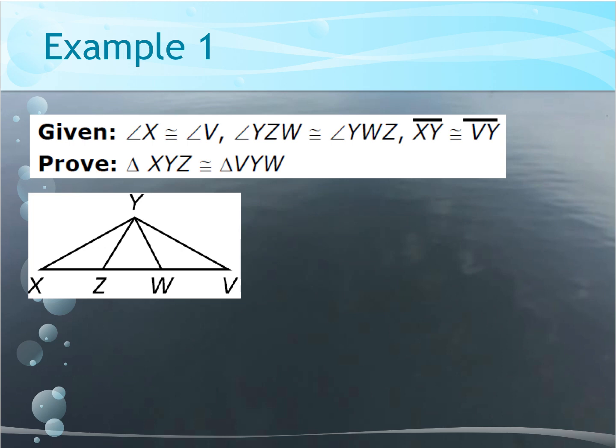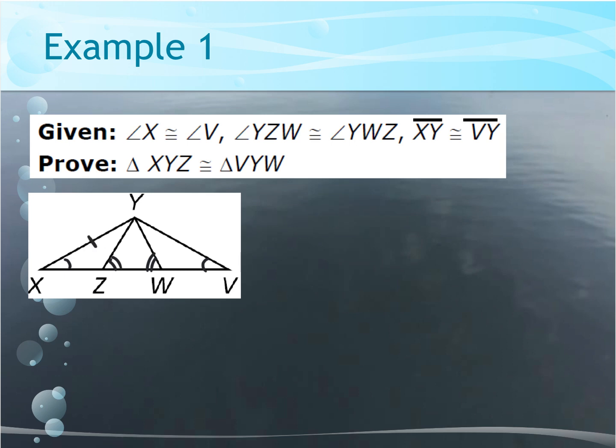So for example 1, it says it's given that angle X is congruent to angle V. I'm going to write down right there. It's also giving us that angle YZW is congruent to YWZ. So these two right here. And they're telling us that XY is congruent to segment VY.